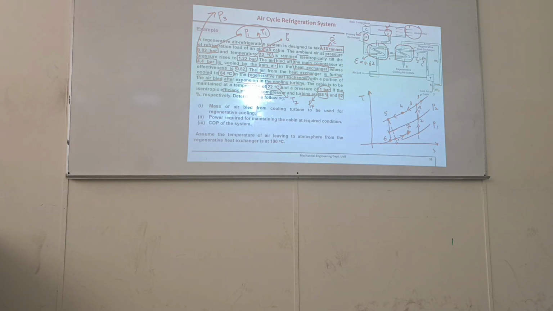First part is to find out the mass of air bled from the cooling turbine to be used for regenerative cooling. So which mass we are talking about? M1, MA, M2.